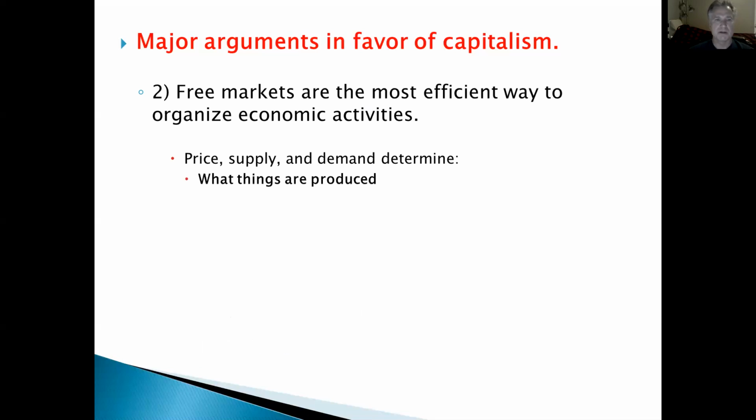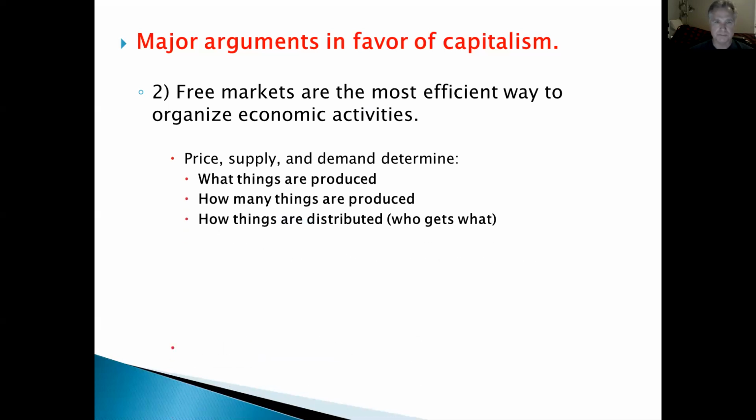So the dynamic of price, supply, and demand will determine what things are produced, how much of a thing is produced, how things are distributed, who gets what. And it really boils down to this simple formula. Price is the major communicator in the market economy. It speaks to, not literally, but it informs producers, those who own the factories, how much they should produce.